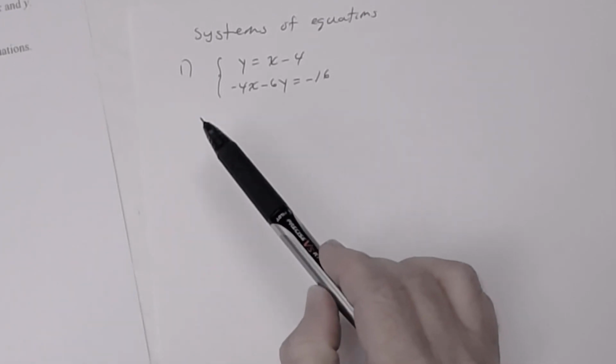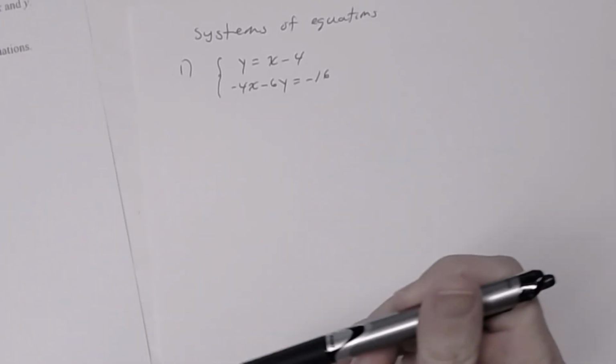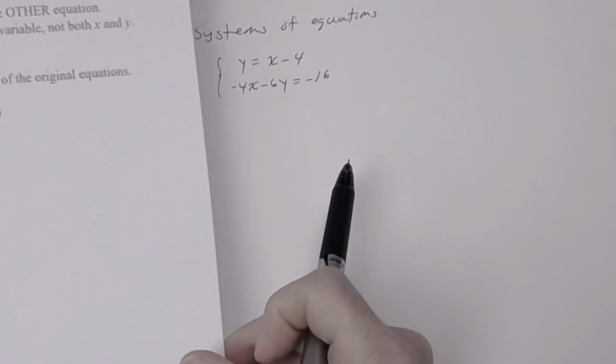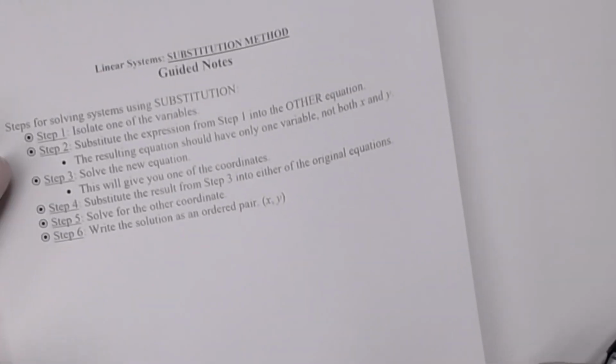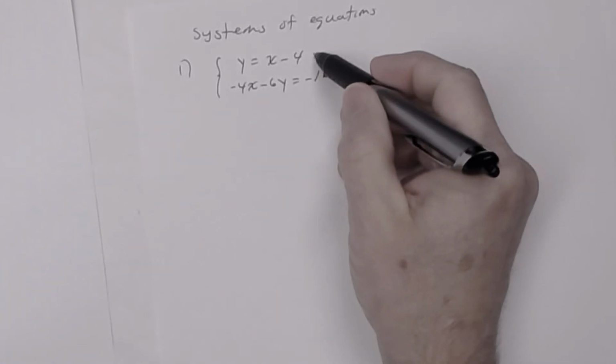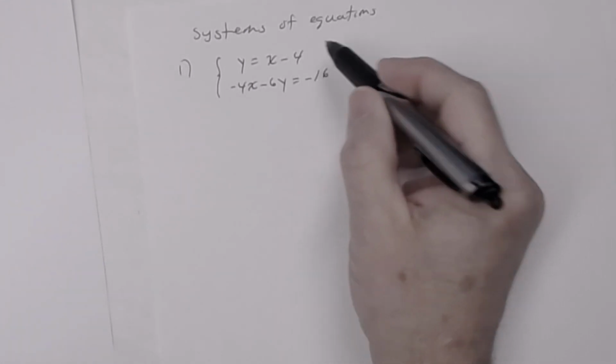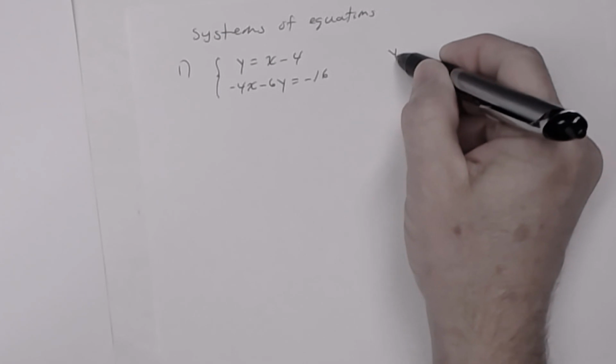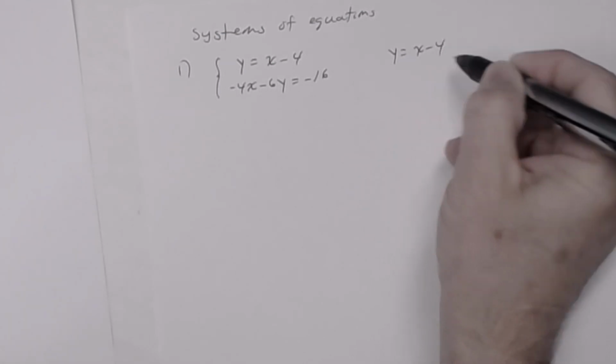In that case, it is very easy to solve for the variable y or x. So going back to step number one, y is already by itself. So step one: y equals x minus 4.